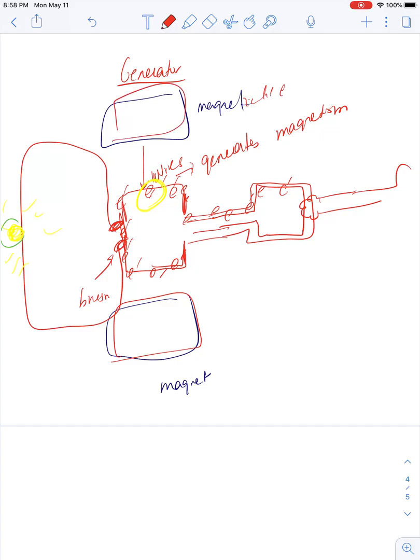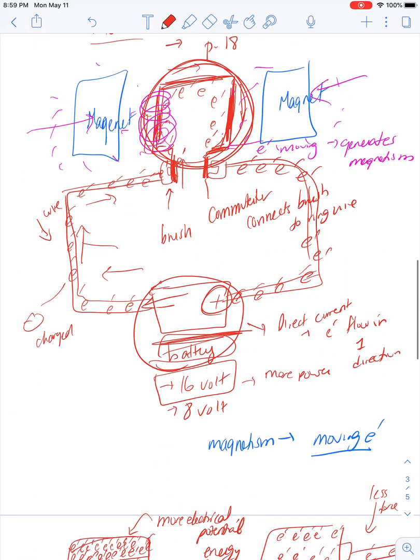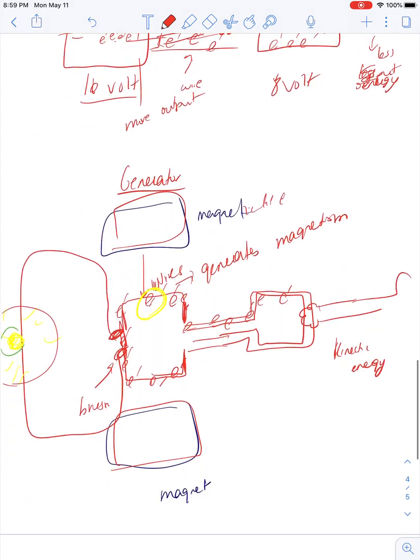As long as you keep cranking it, the light bulb will turn on. In this case, you don't need a battery, you just need movement, kinetic energy. So this is called kinetic energy, where you're using energy of movement to create a light, and the motor is using stored electrical energy that was in the battery, okay?